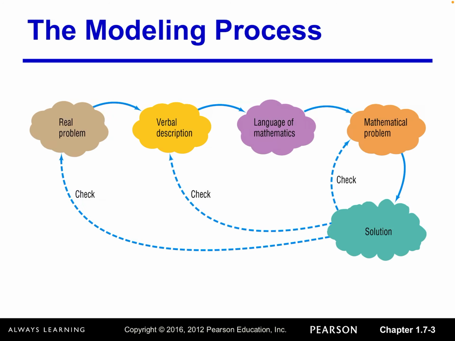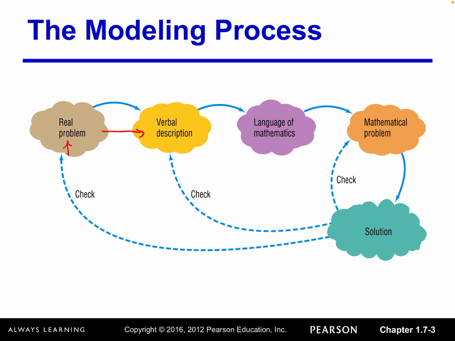Before we look at any specific topics, let's quickly overview the modeling process, how we model a word problem. Whenever we have a word problem, first we would like to verbally describe the problem.